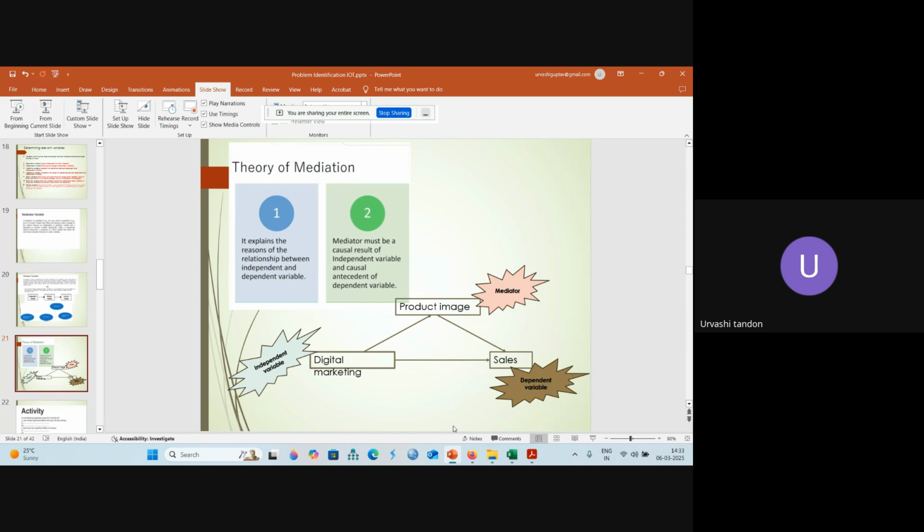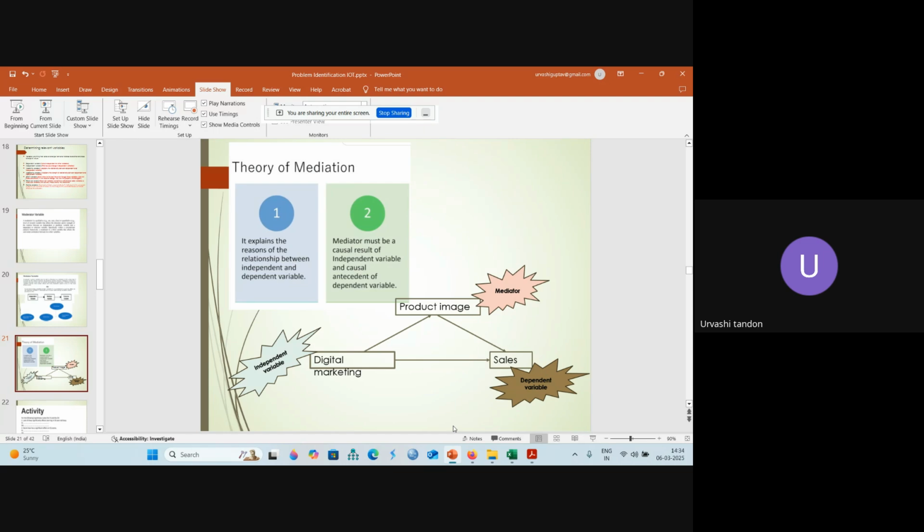Digital marketing has a direct relationship with sales, but then when we add the product image over there, that means digital marketing has a direct relationship with the product image, and product image further leads to sales, right? Or we can also put it that way: digital marketing impacts sales through product image, right?